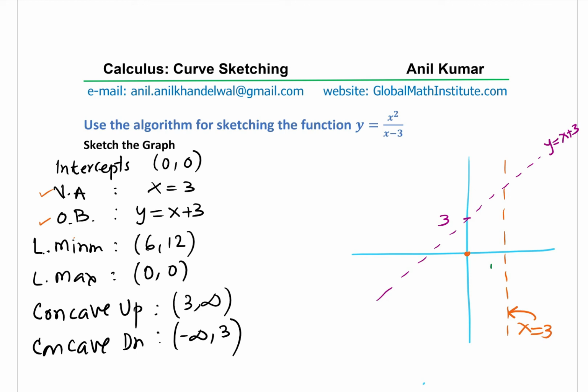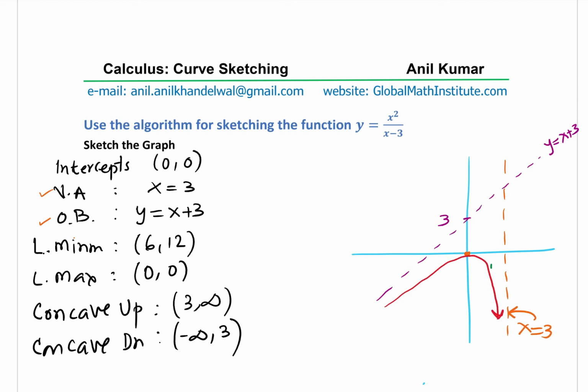Well, clearly we have concave down in this interval, so a graph like this could make sense, correct? So we could actually now sketch our graph from here, and the graph will look like it is approaching this oblique asymptote, turning from here and approaching the vertical asymptote.